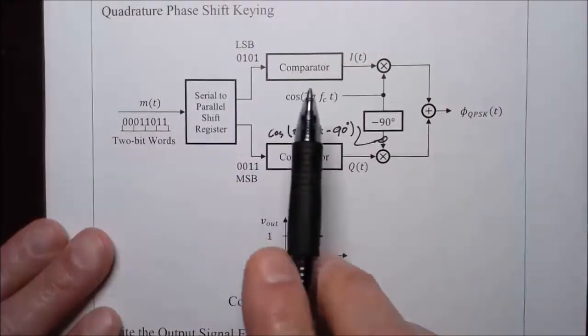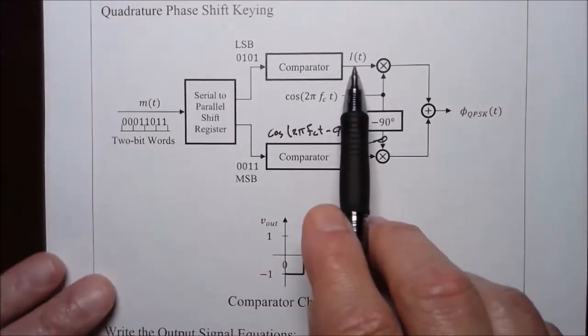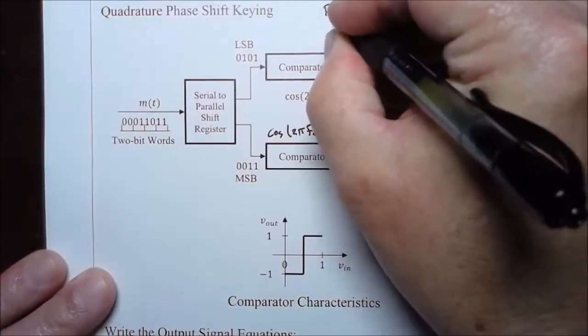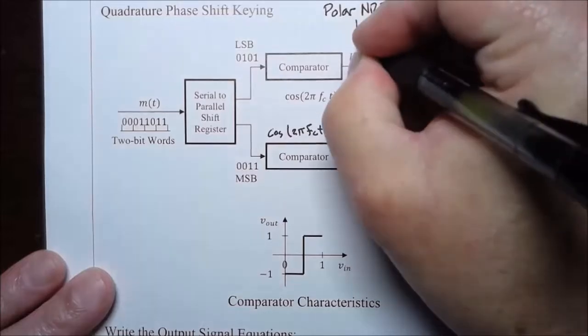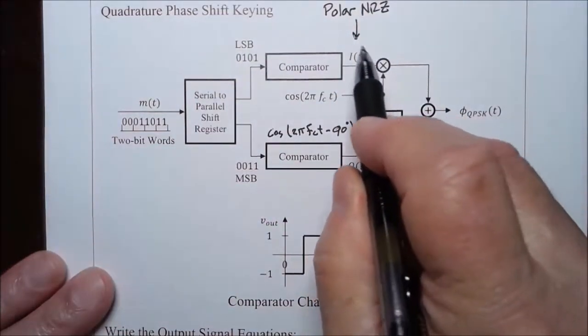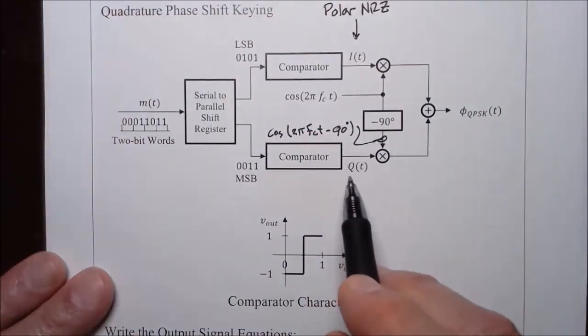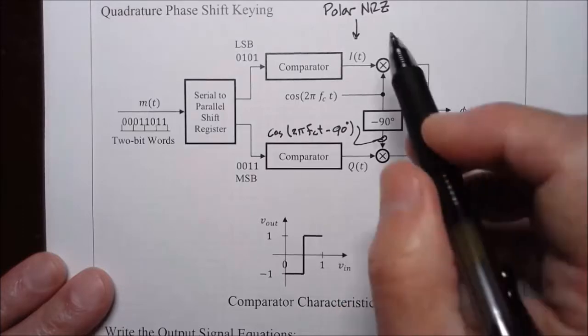So this produces a polar non-return to 0 signal. So we have polar non-return to 0 as this signal labeled I of t for in phase, and also for this signal labeled Q of t for the quadrature signal.